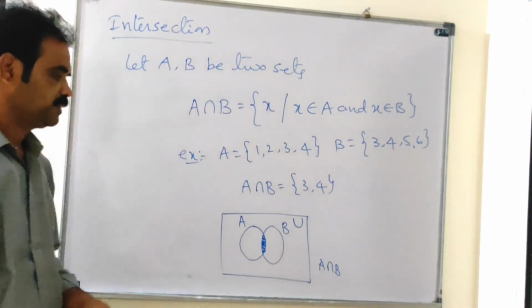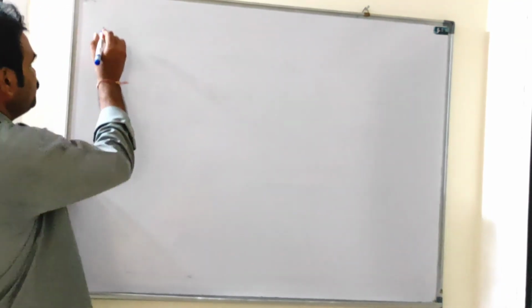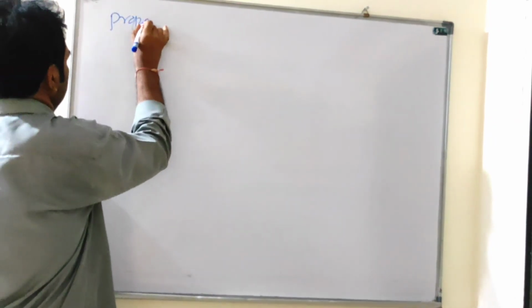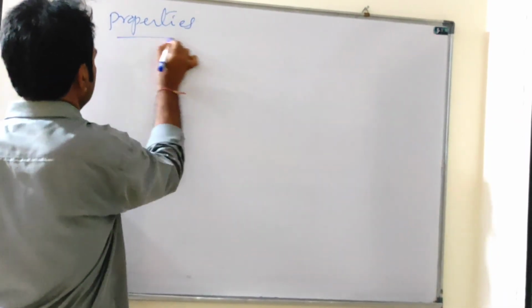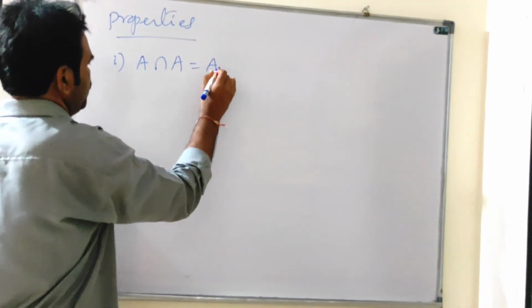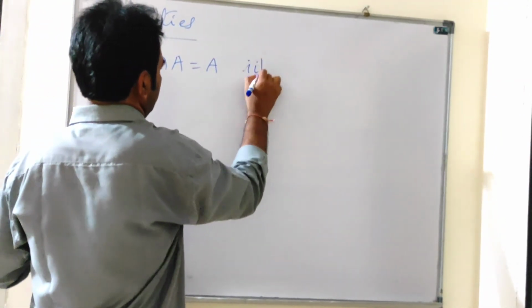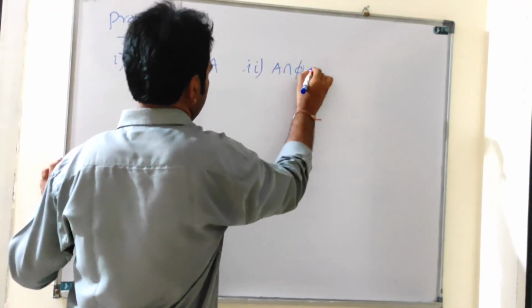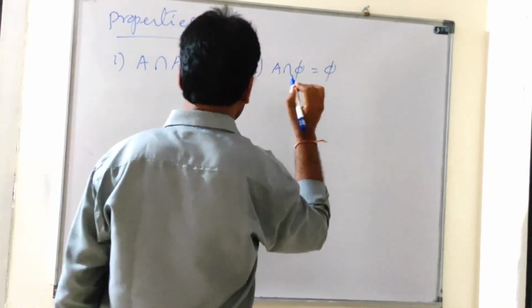Next, properties of intersection. A intersection A is equal to A. A intersection empty set is equal to empty set.